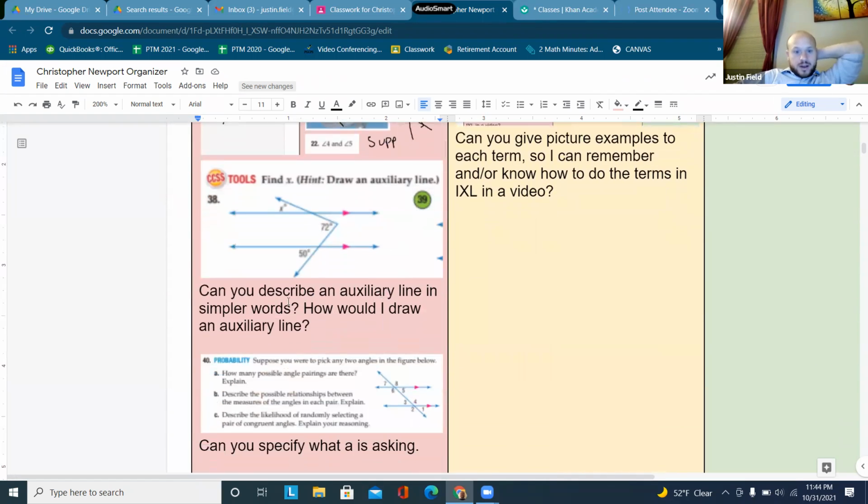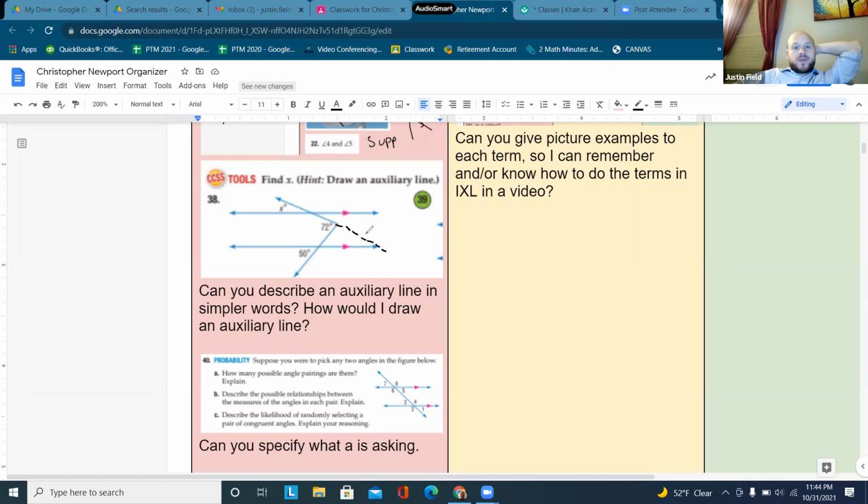Okay. So I did this one, but I'm going to do it again. So describe an auxiliary line. An auxiliary line is a line we draw into the picture in order to do some calculations. Now that I drew this line into the picture, I know that this angle is actually corresponding with this angle.